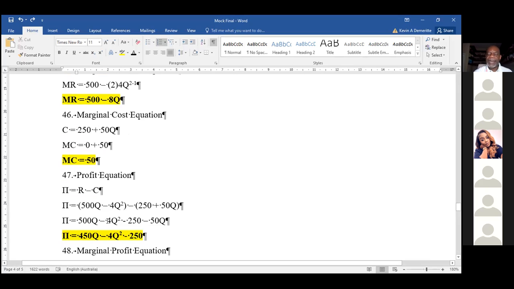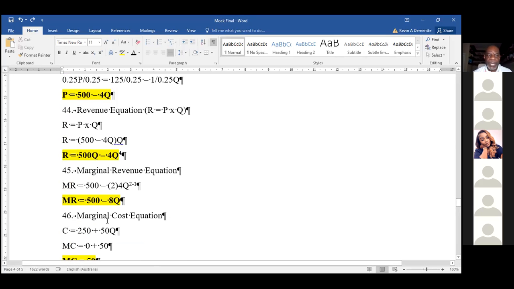Now, they're asking us to find profit. Profit we know is revenue minus cost. We have a revenue equation, 500Q minus 4Q squared, and a cost equation, 250 plus 50Q.